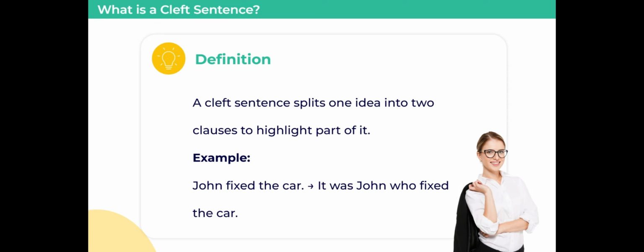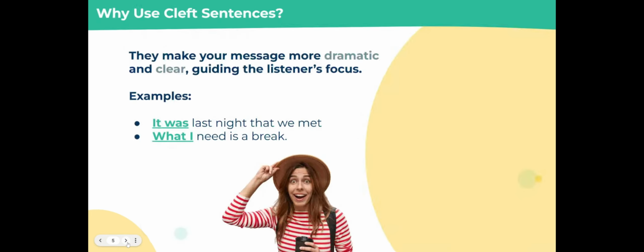So one idea, John fixed the car, into 2 clauses. It was John who fixed the car. Okay, well, we're just starting, so let's have a look at some more detail.